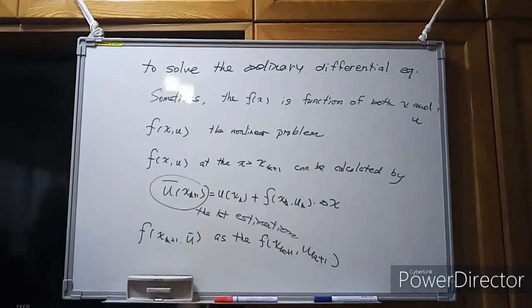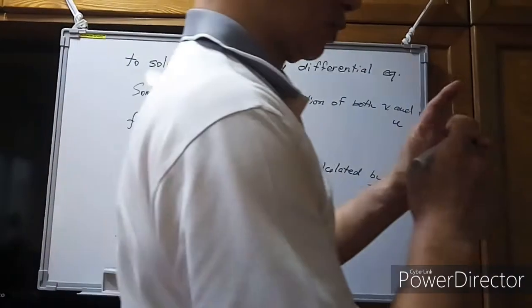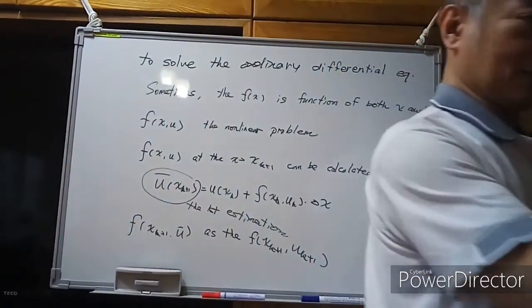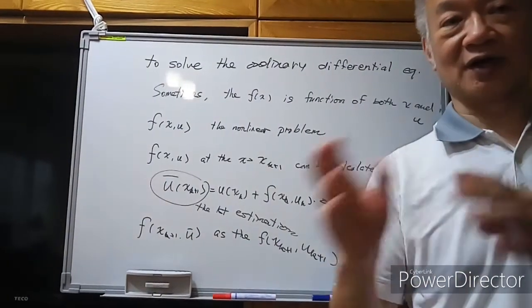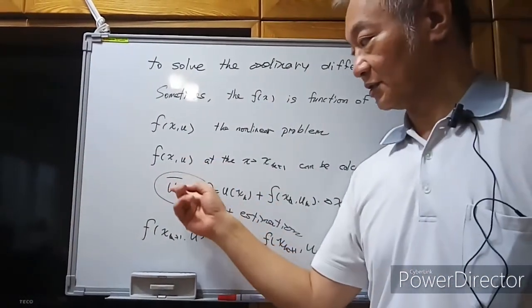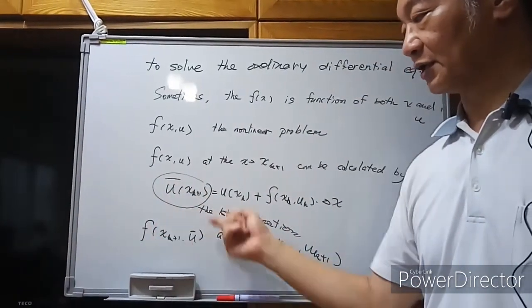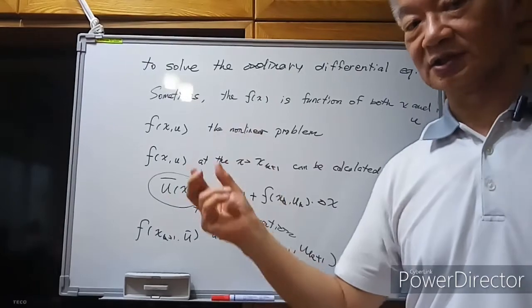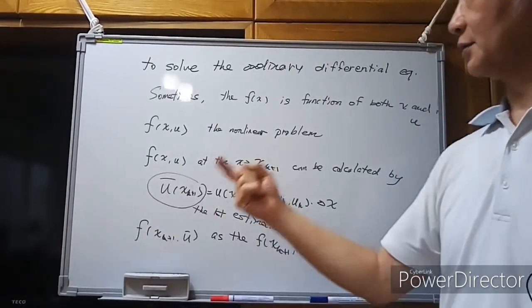First we use the slope at the left end. We can use Euler's method to estimate the function value at the right end. After we get the estimated value of u bar, we can calculate the slope at the right end.